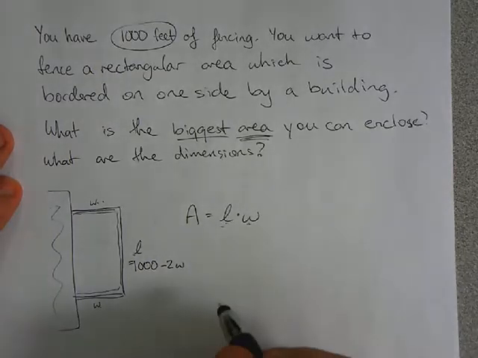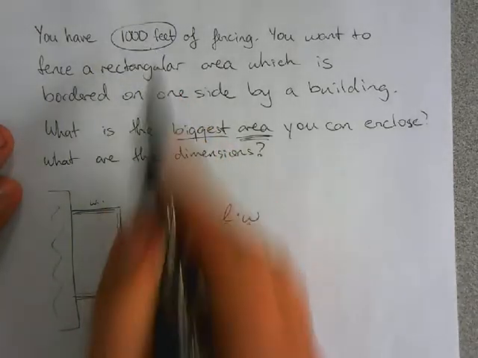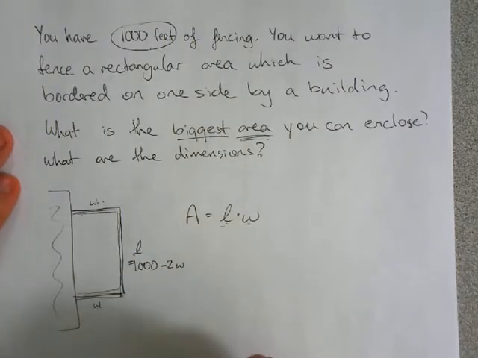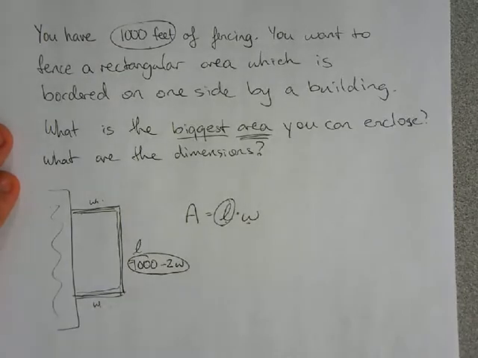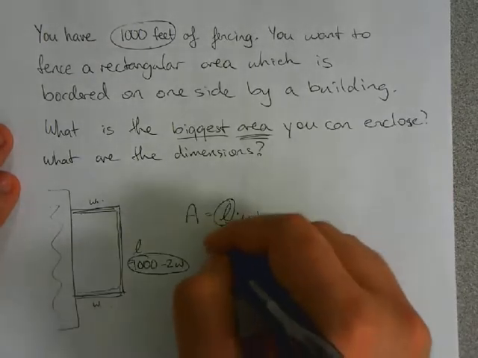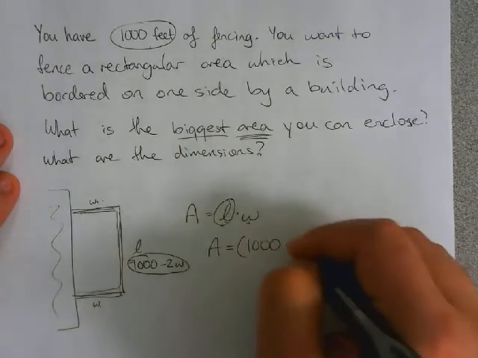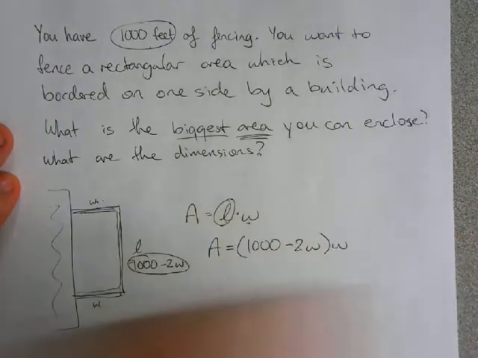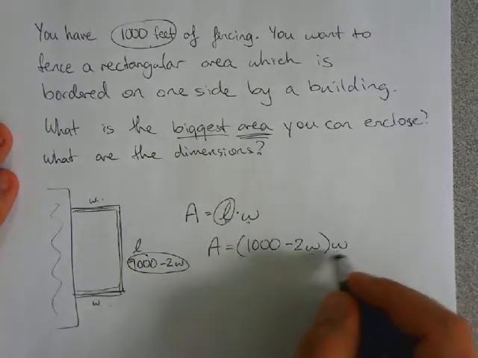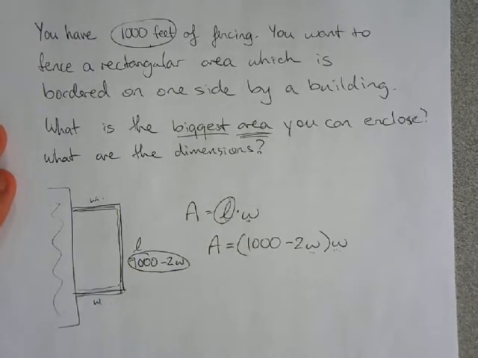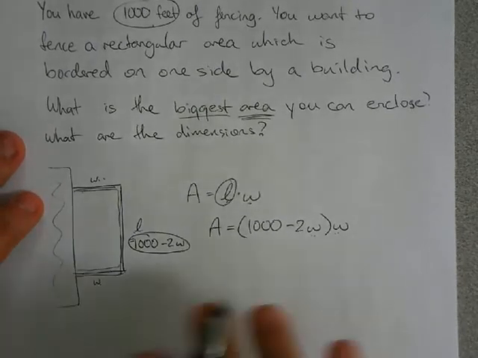So that means the length has to be 1,000 feet minus 2W. So now I can take this and replace that length with it. So that means that the area is actually 1,000 minus 2W times W. And now we have an equation with the same dependent variable and just one independent variable.